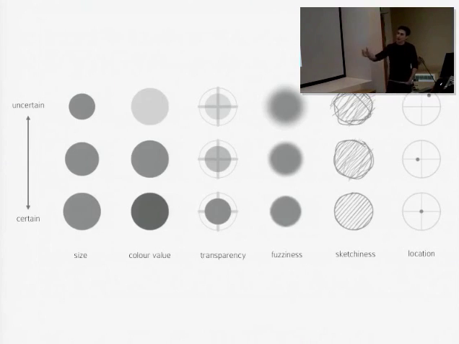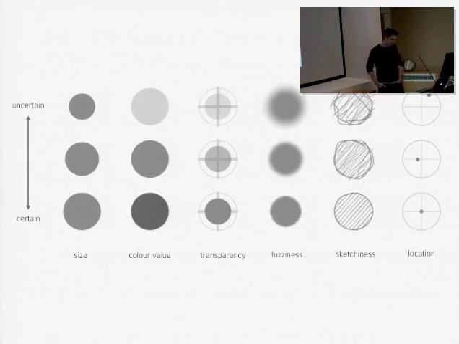A few papers have taken these visual variables and done evaluation studies to see how well they can represent uncertainty, and they generally come up with recommendations like use location for things that represent accuracy, and fuzziness and transparency as general visual variables that have been shown to be good for representing uncertainty.